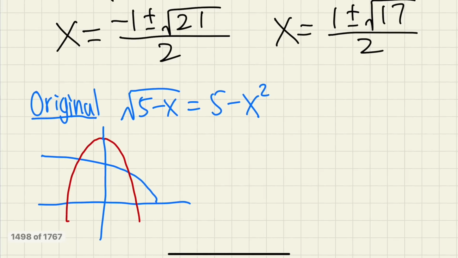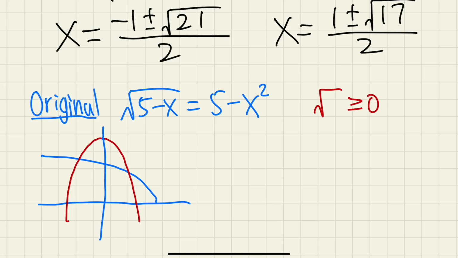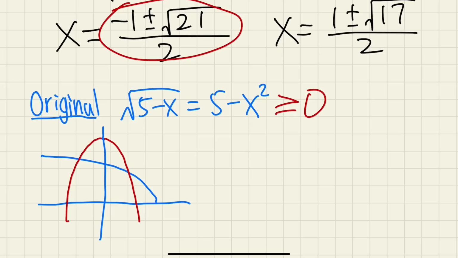Which 2 though? Well, we will have to remember that when we have the square root of anything inside, of course we're not talking about imaginary numbers here, it has to be greater than or equal to 0 because we're talking about the graphs. So that being said, we will have to make sure this portion here turns out to be non-negative. So we just have to plug in the numbers and double check.